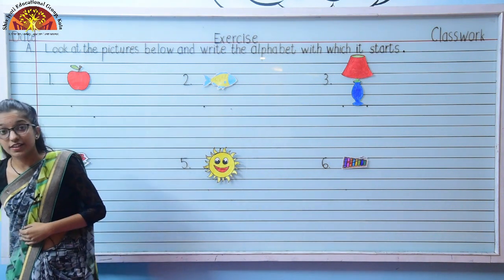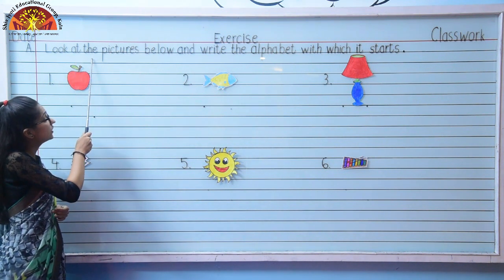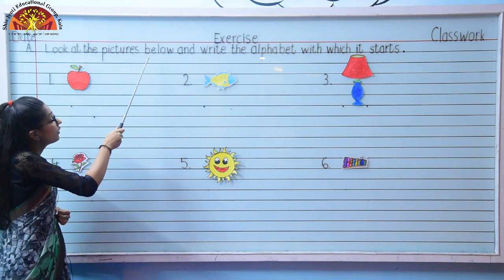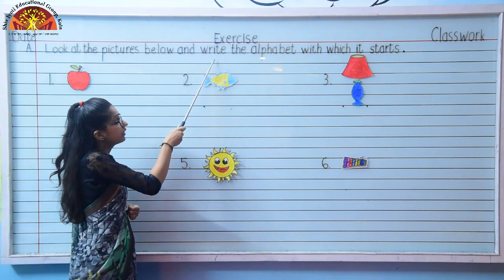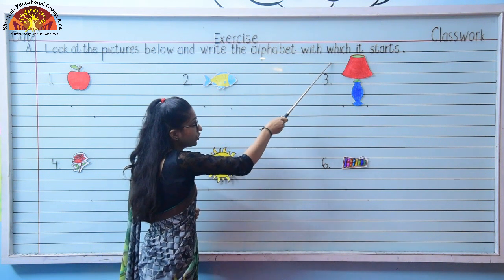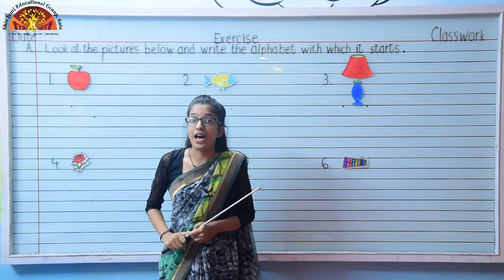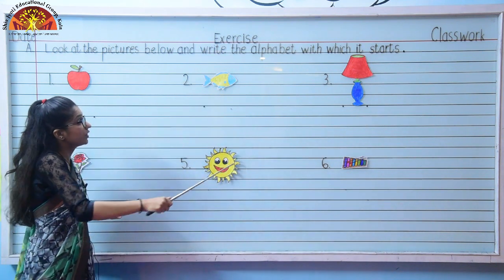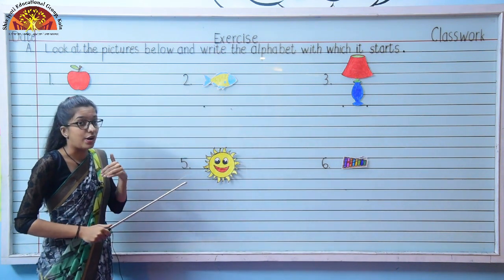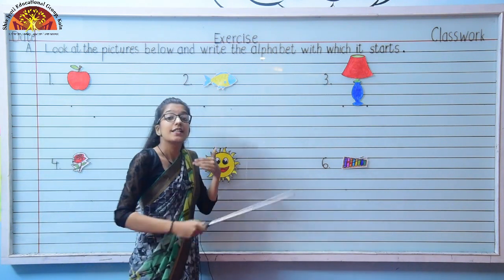Now let's read the question first. Look at the pictures below and write the alphabet with which it starts. So kids, what you have to do, you have to look at all the pictures carefully and write the alphabet with which it starts.